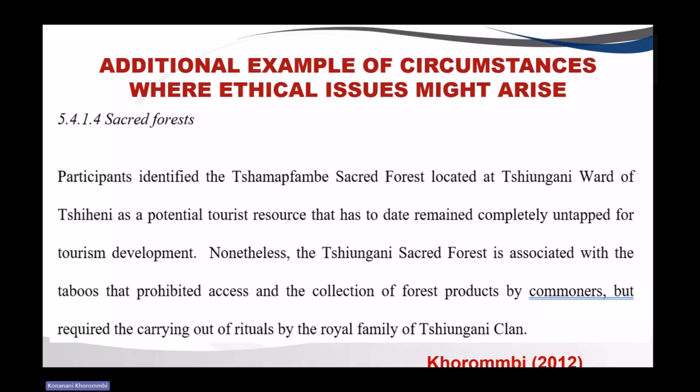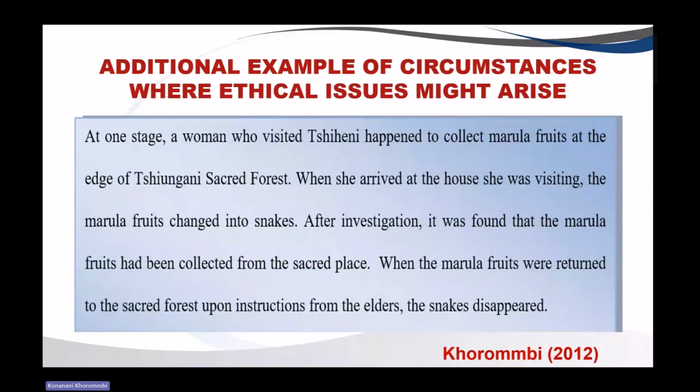Look what example they cited. They say, at one stage, a woman who visited Chieni happened to collect marula fruits at the edge of Chungani Sacred Forest. This is the sacred forest that does not allow commoners or foreigners to invade.